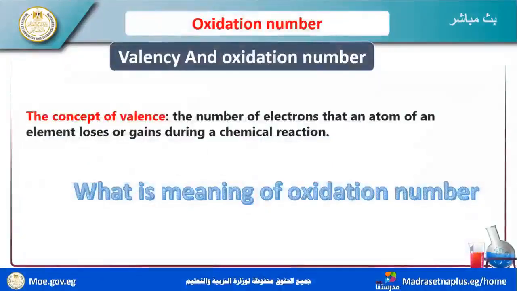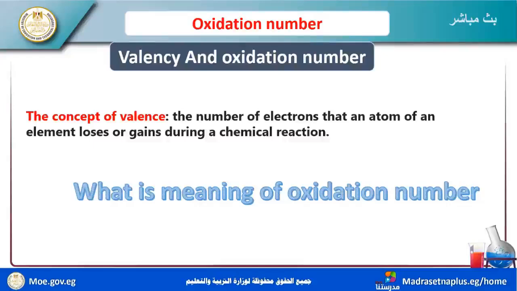Now we will illustrate the difference between valency and oxidation number. We have no difference, just oxidation number is fixed more than valency. If I ask you the valency of oxygen, it is divalent, nitrogen trivalent, phosphorus trivalent, chlorine monovalent, hydrogen monovalent.